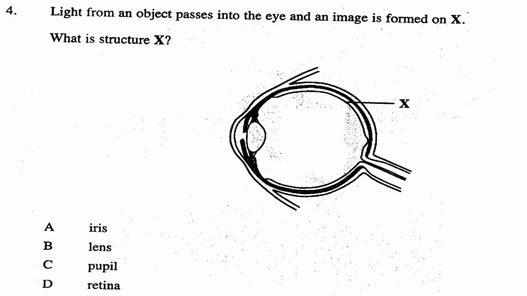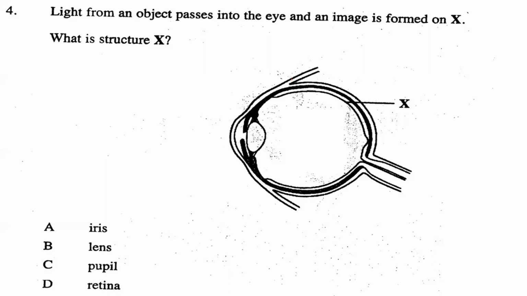And so let's look at it carefully. Is it the retina? You believe it's the retina? Okay, interesting. The iris. Someone said the iris. The lens. Someone said the lens.